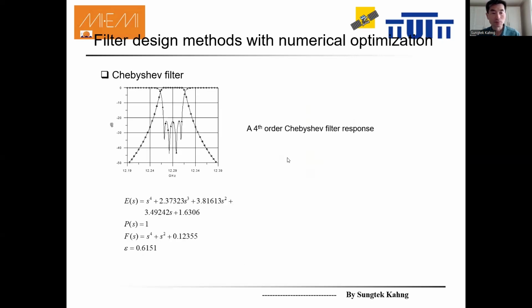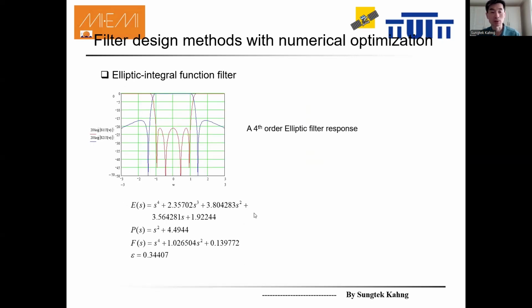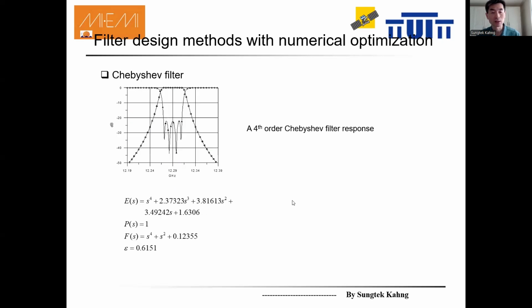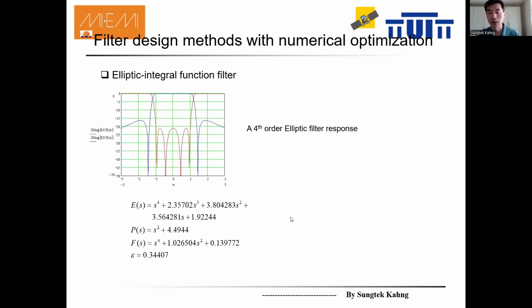So these are mathematics, not optimization technique. But the reason I am introducing this mathematics is that it was really calculated and used for realizing my filters in the past.